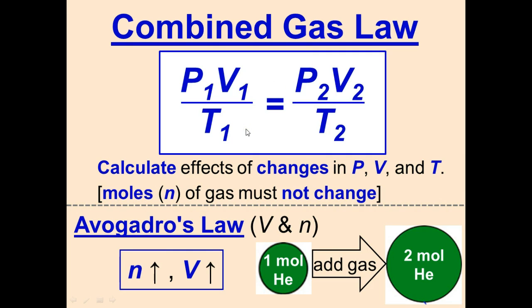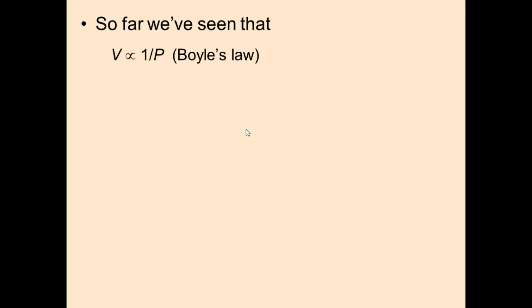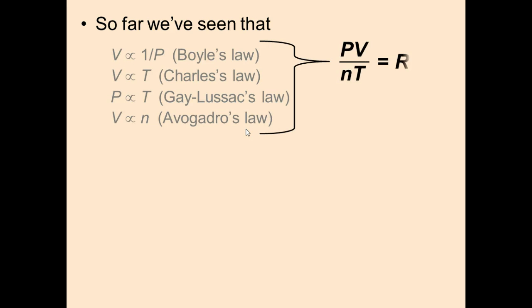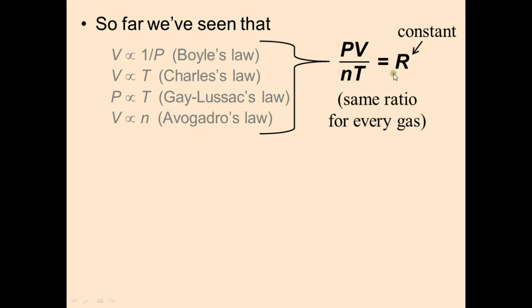So that is why we have this new formula we're going to talk about. So far we've seen all these different laws, and these laws all come together to form this equation, which is PV over nT equals this gas constant R, which is the same ratio for every gas.